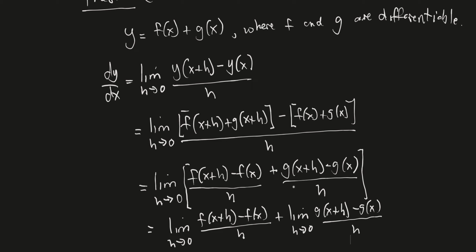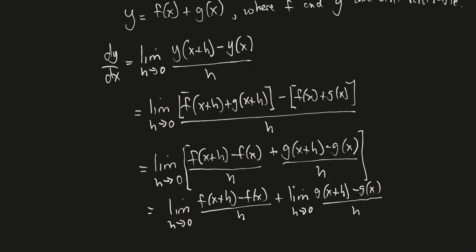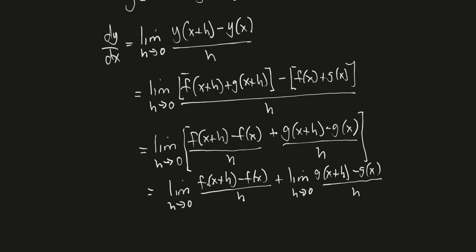But what are those? These are the definitions of f prime of x and g prime of x. So this is equal to f prime of x plus g prime of x.